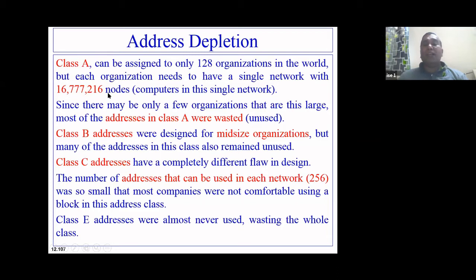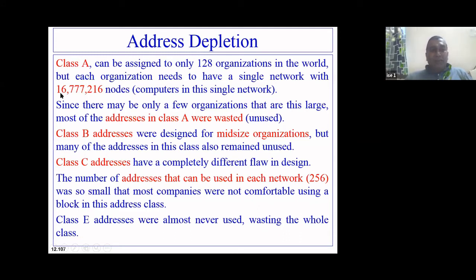Out of 32 bits, you have 8 bits reserved for class A. Means the prefix, the network address, is 8 bits, and the remaining 24 bits are reserved for the host address or connection address. So 2 to the power 24 is these many. But none of the, so how much does it count?